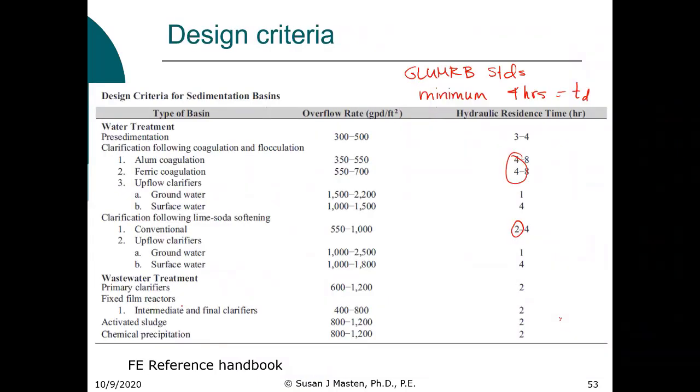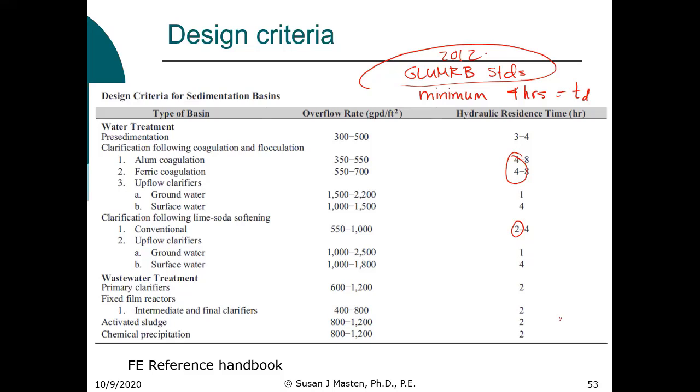So for your mini design, you won't need to do it as much for mini design 1. You should be looking at the GLUMRB standards. You can use the 2012 standards. There's a 2018 standards, which I have, but I had to pay about $13 for it, and I'm not allowed to circulate it.